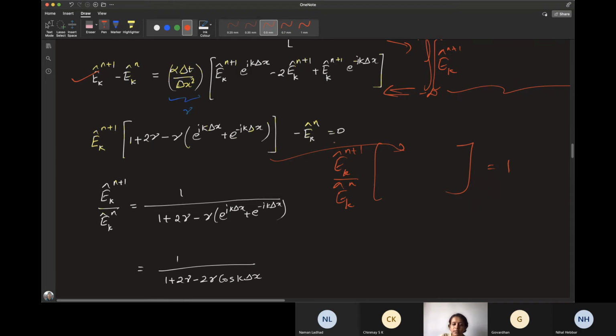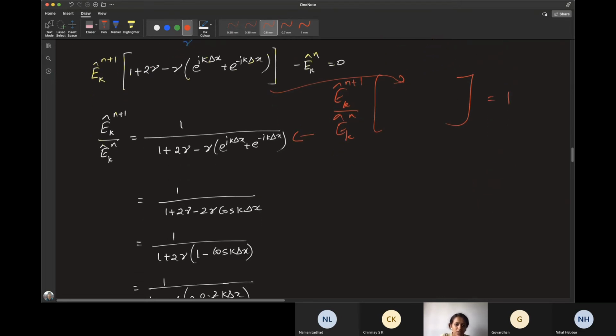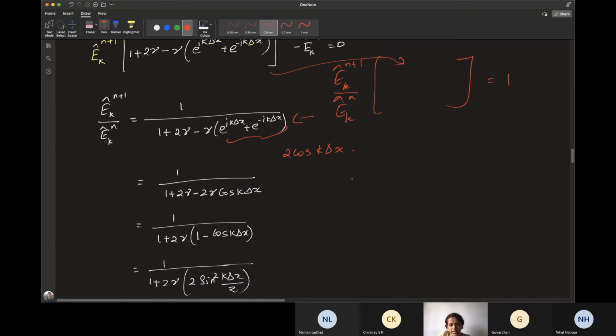Then this amplitude ratio will be 1 over this expression. That's what I've written over here. Now this term is getting replaced as 2 cos k delta x, because e power ik delta x is cos k delta x plus i sin k delta x, and e power minus ik delta x is cos k delta x minus i sin k delta x. So that will be 2 cos k delta x.